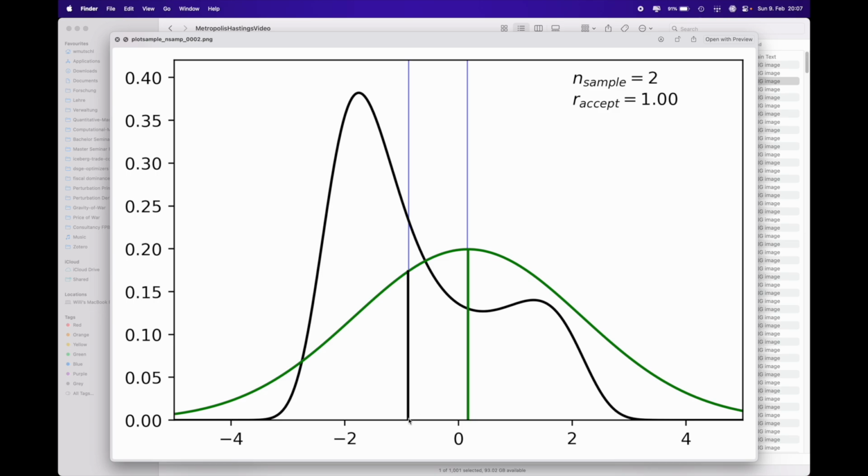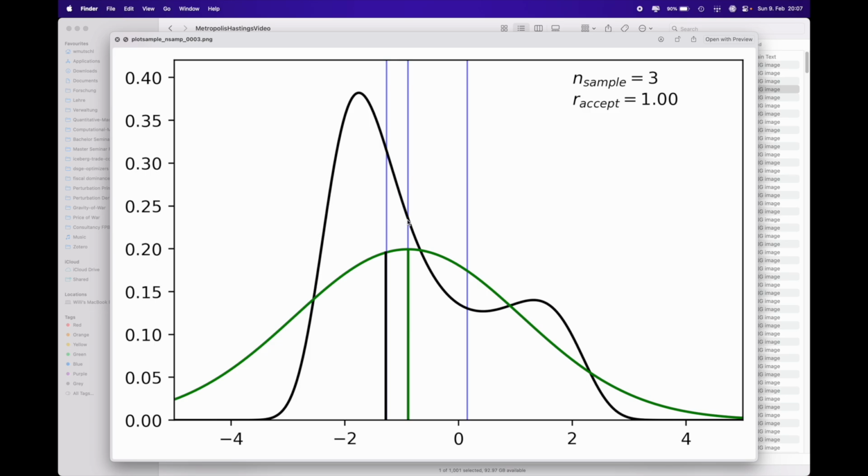So in MATLAB, I have a function to easily draw from the normal distribution. I get a number like minus 0.8. Now what I'm gonna do is I'm gonna compute the value of that point, the posterior right here, and compare this with the posterior value at my last point. This is for sure higher. I'm gonna accept the draw and I'm gonna reshift my proposal distribution to this value.